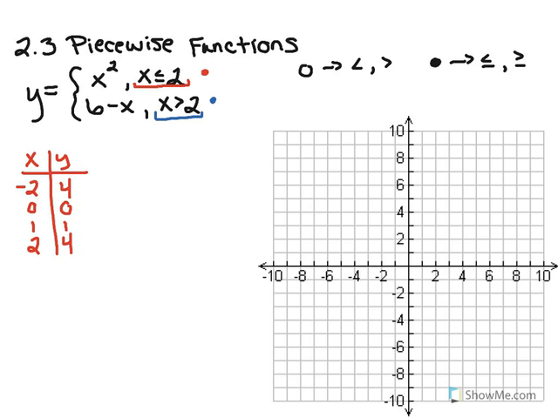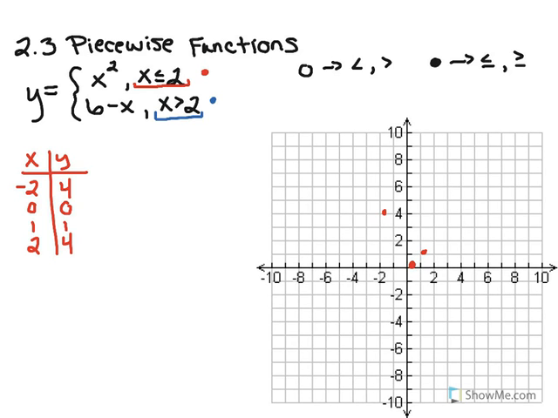I'm going to plot those points in red on my graph. So -2, 4 is going to go right here. And 0, 0 is going to be right here. And 1, 1 is right here. And then 2, 4 is right here.